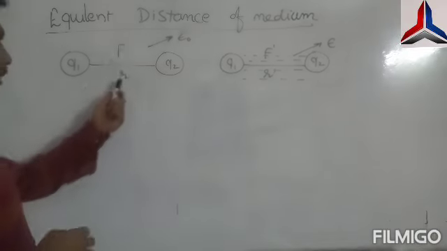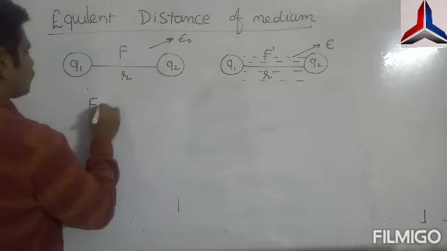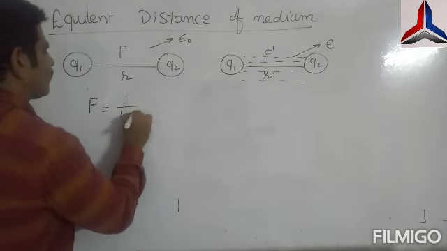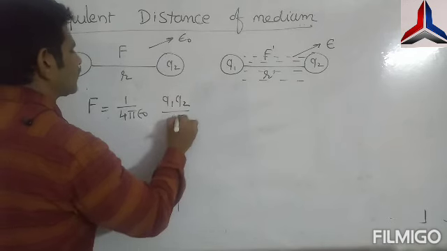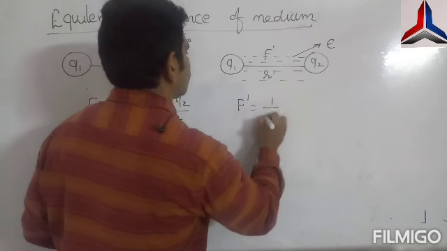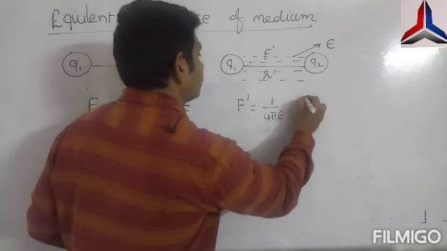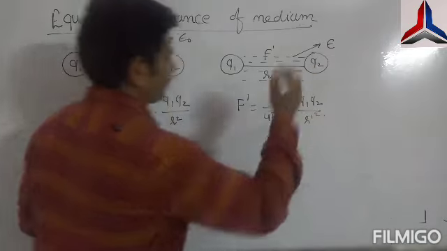Suppose these two charges are separated in air by a distance r. We write the force F equals 1 by 4 pi epsilon naught Q1 Q2 by R square. Everyone knows that. If it is in the medium, that force F dash equals 1 by 4 pi epsilon Q1 Q2 by R dash square.